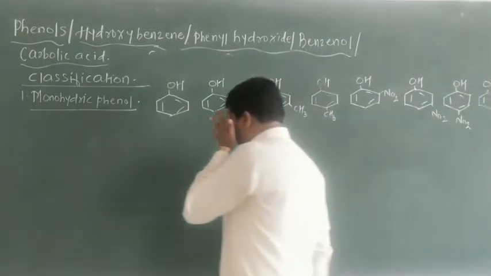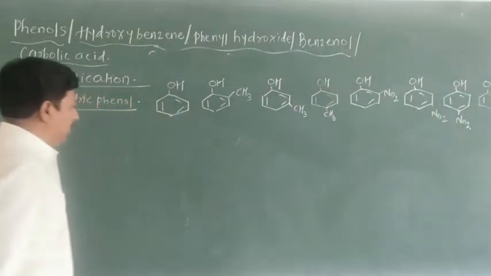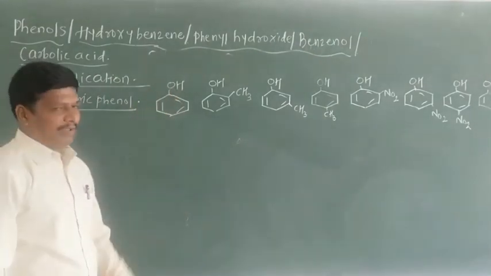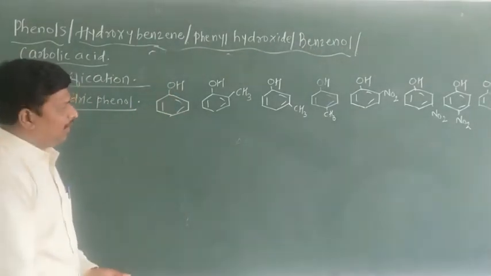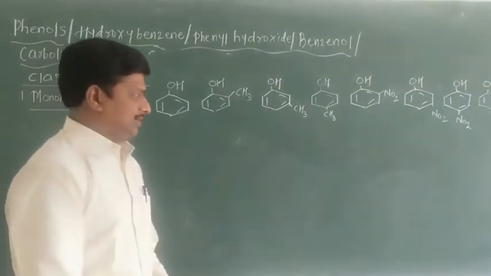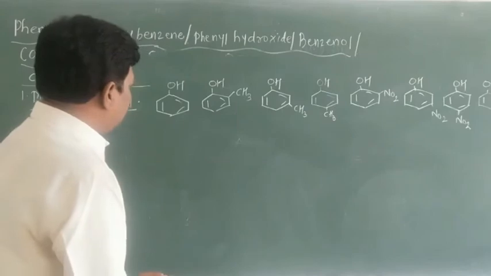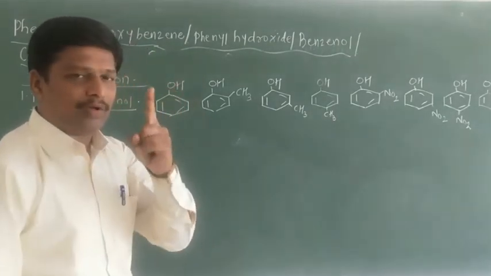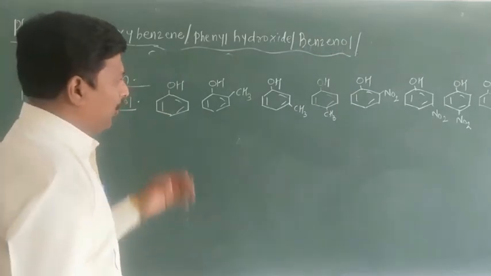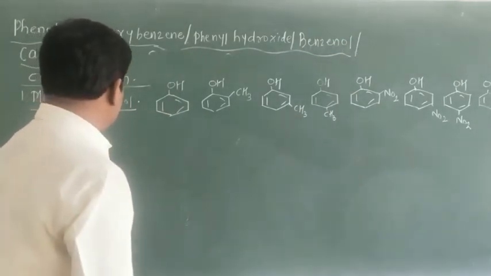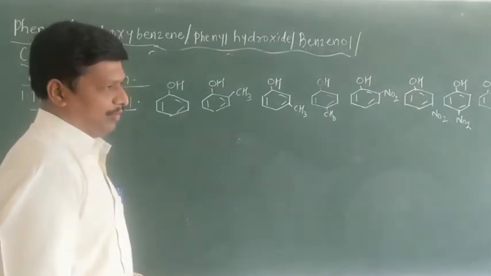Okay, now see here that all these are the examples of the monohydric phenols. If we observe all these structures, they contain only one hydroxyl OH group on the aromatic ring. That's why all these are structures of the monohydric phenol.